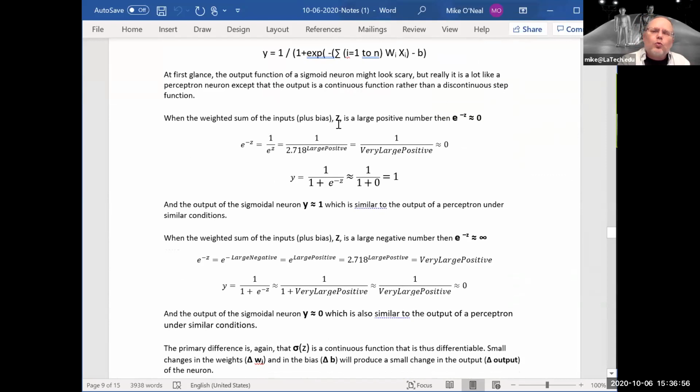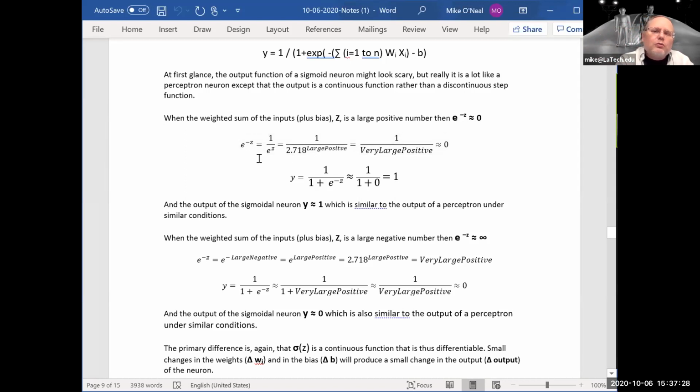Let's say that the weighted sum of your inputs plus the bias is a large positive number, which means that we're far above our threshold. Well, if that's the case, we would expect that our output from our sigmoid is 1 or very near 1, and we already know our output from our perceptron would be 1.